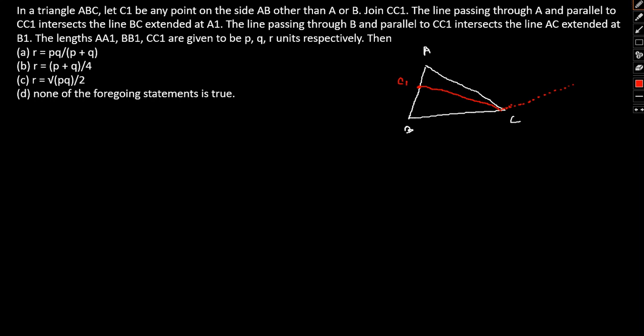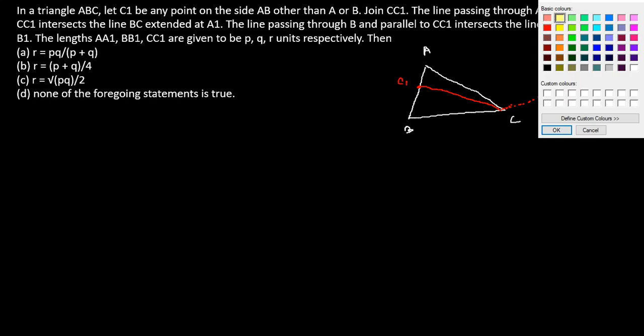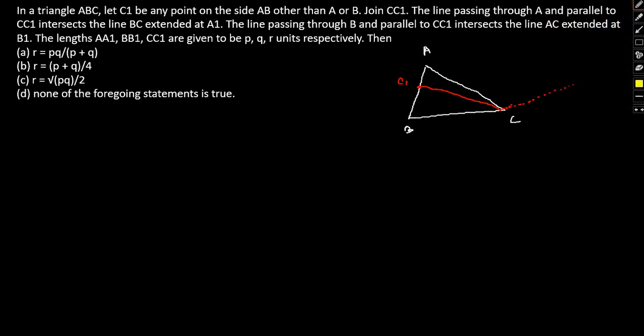So this line will be parallel to CC1. So we have AA1 that is parallel to CC1. So this is what we have. Let this particular point be A1.